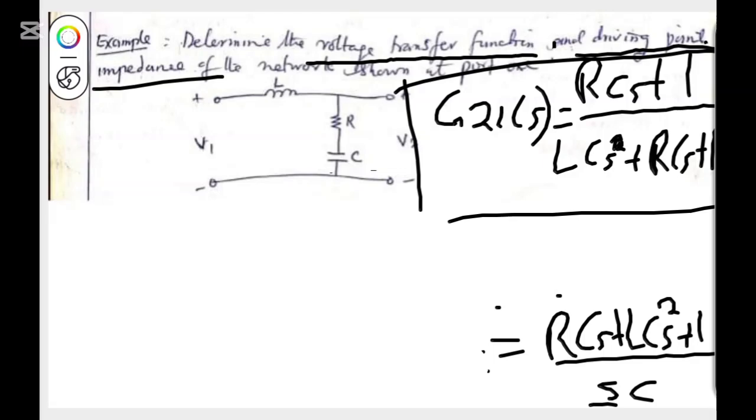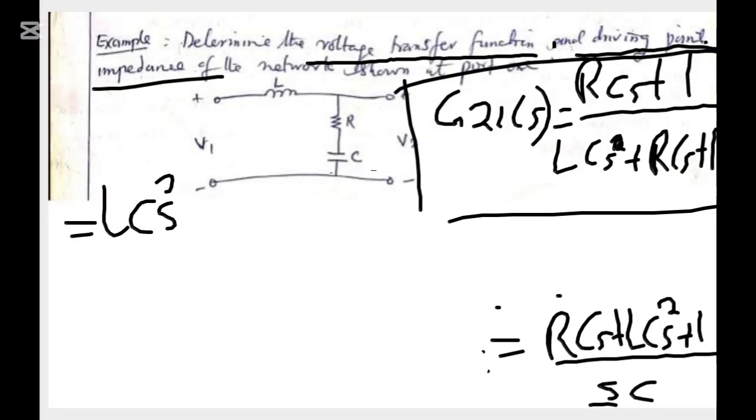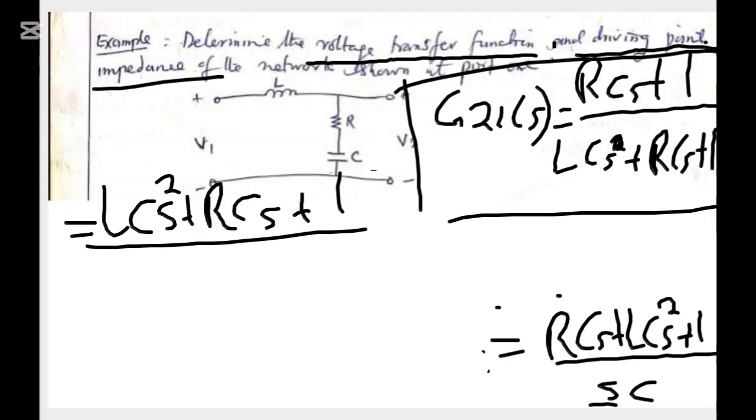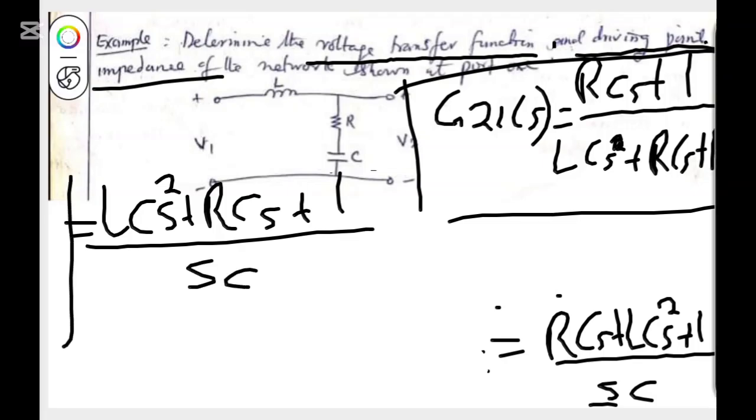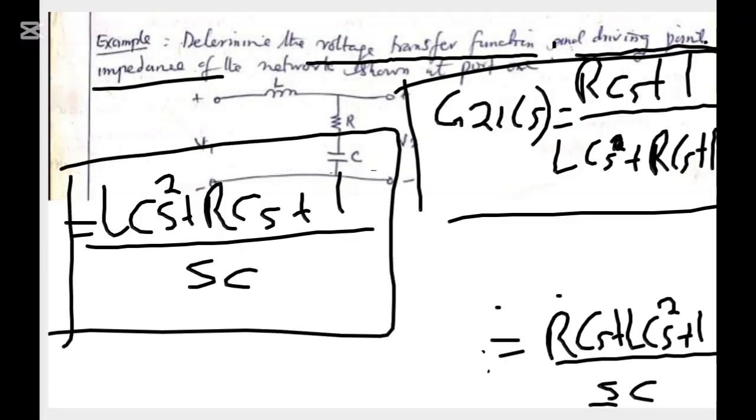I will say the driving point impedance is the same thing as, starting with the one that contains the square, LCS squared plus RCS plus 1, divided by SC. So this is the end of this question, and this is all I have for you for this example for the two-port network.